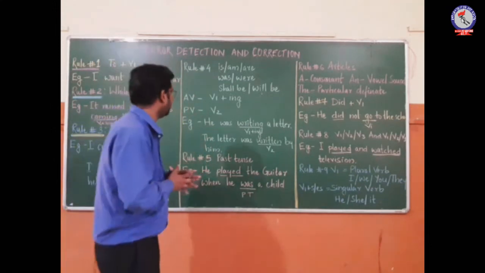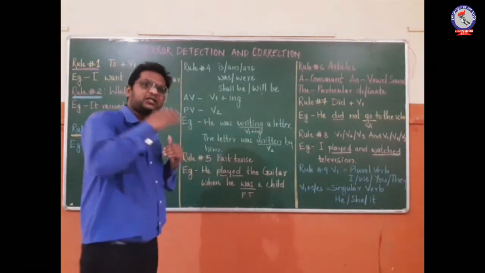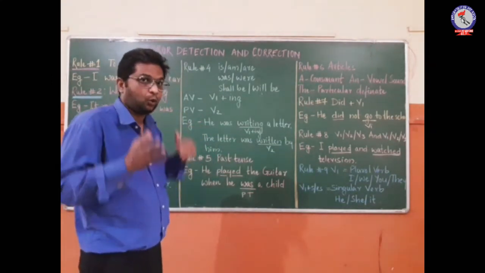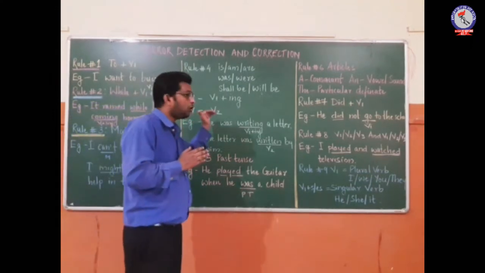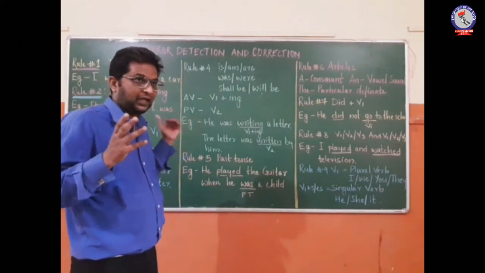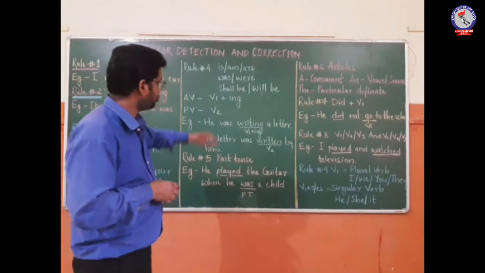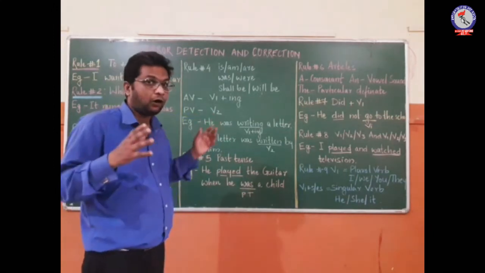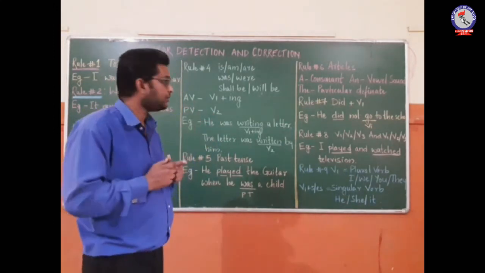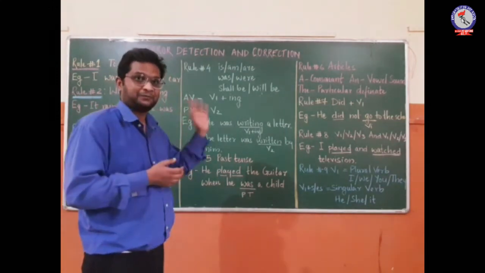Now, condition number 2. When the sentence is in passive voice, we will make use of verb second form. In the case of passive voice, we will use verb 2. So let us see examples of both active voice and passive voice.